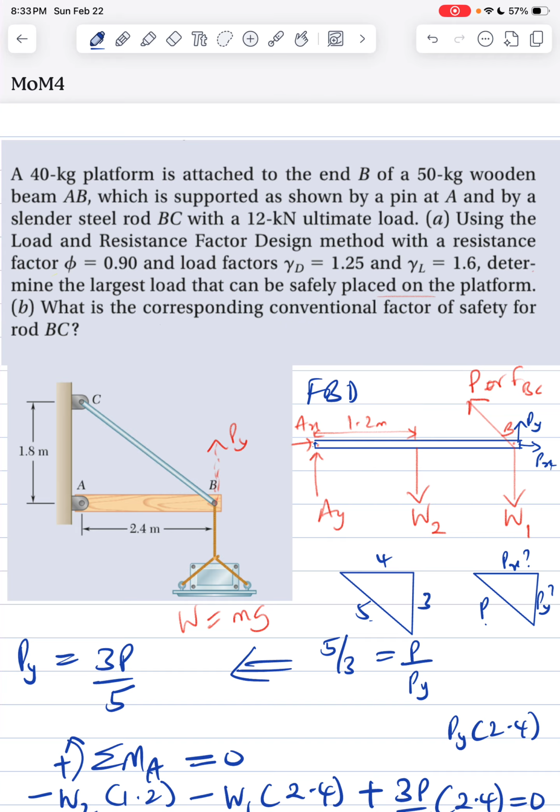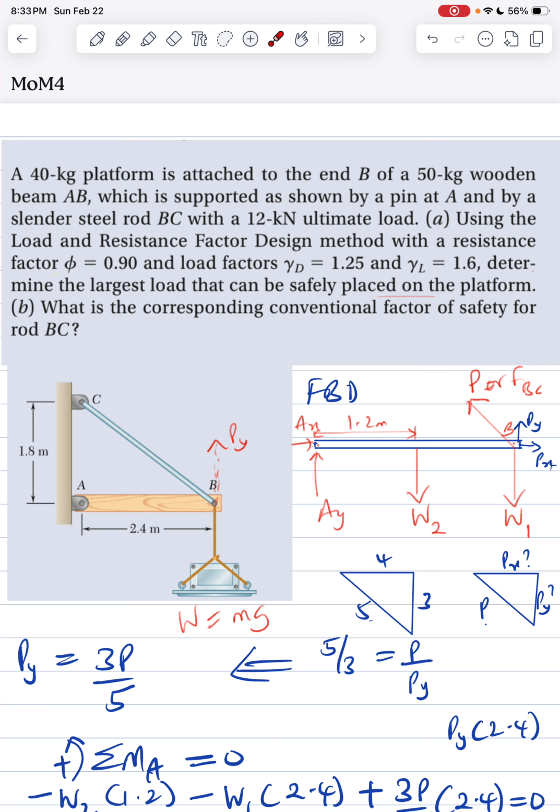So a 40 kilogram platform is attached to the end B. This is B here, of a 50 kilogram wooden beam AB, which is supported by a pin at A and a slender rod BC. With 12 kilonewton ultimate load PU, right?